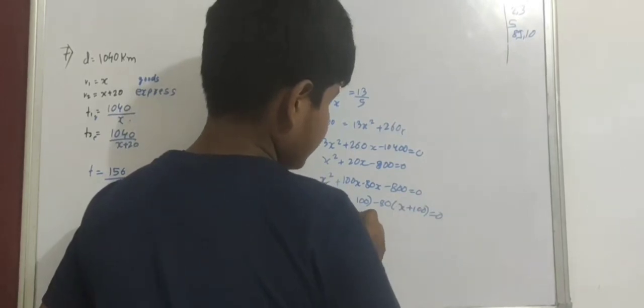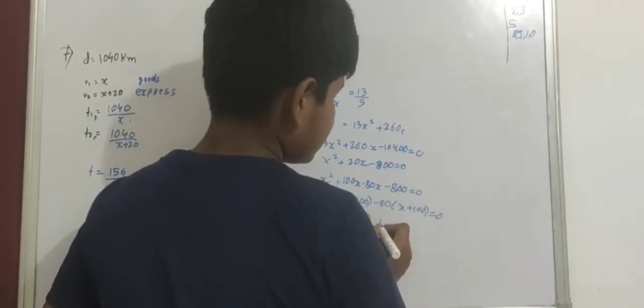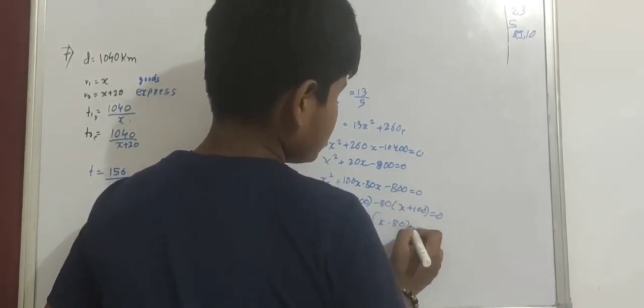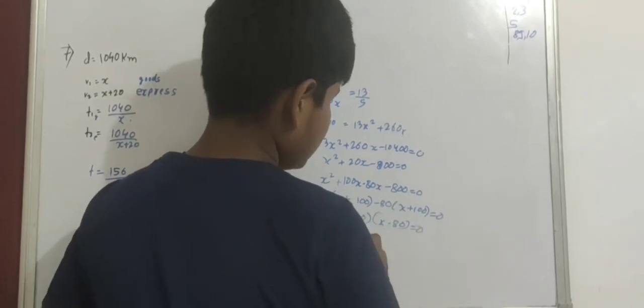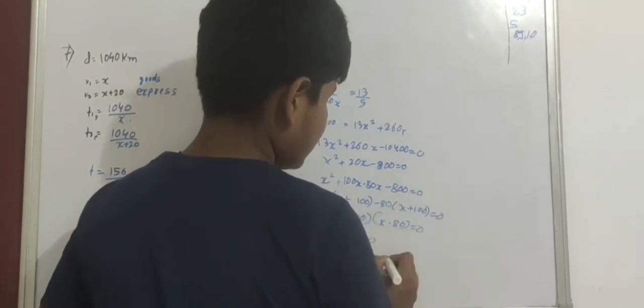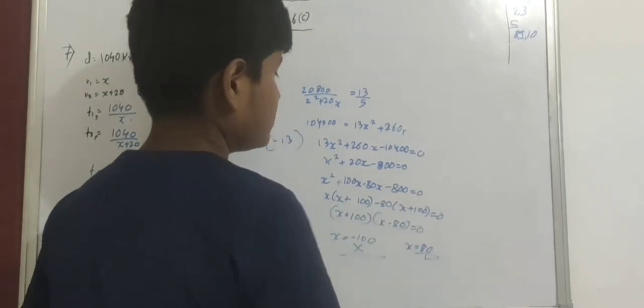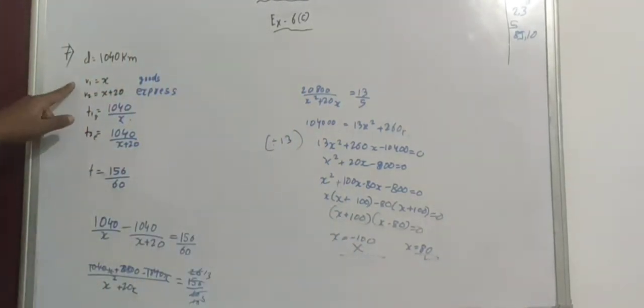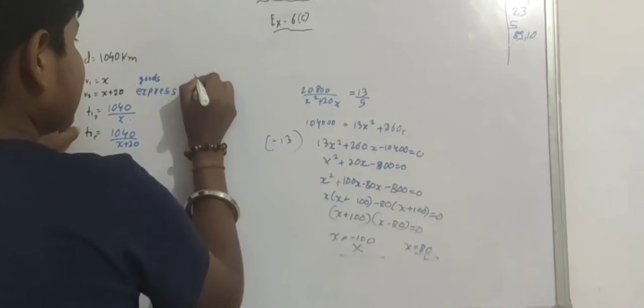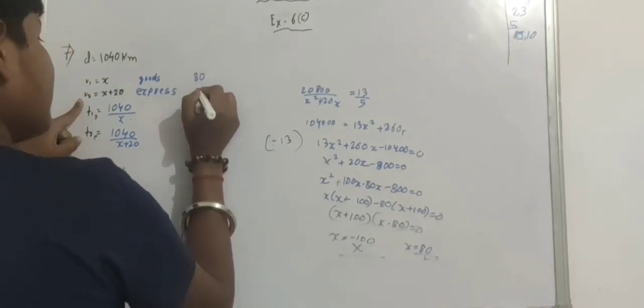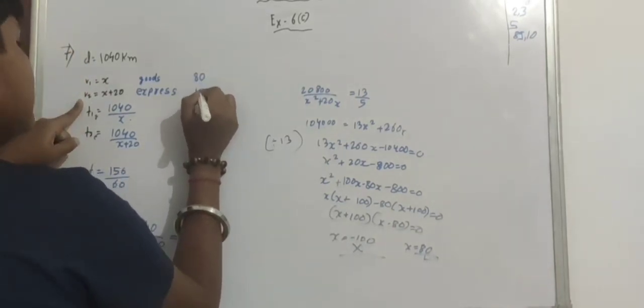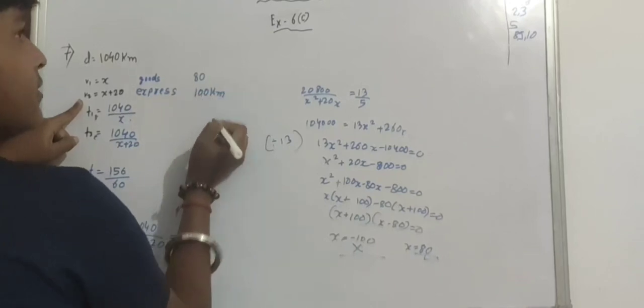Now you have x plus 100 and x minus 80 as the two factors. So your final answer is not minus 100 but x is equal to 80. So the speed of the goods train is 80 km per hour and the express train is 80 plus 20, that is 100 kilometers per hour.